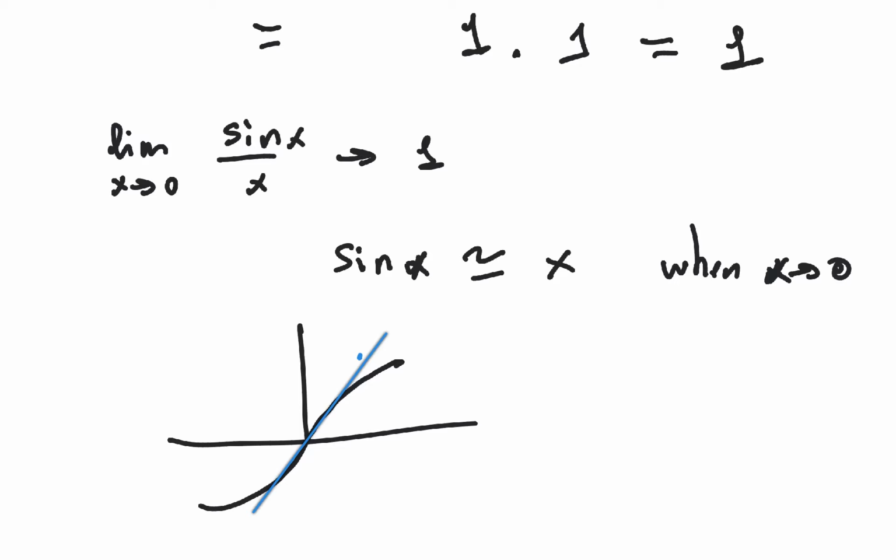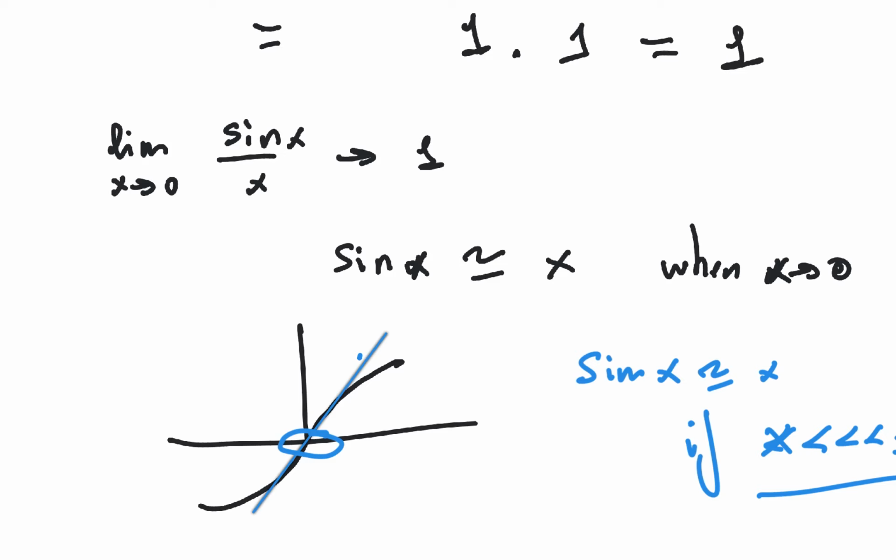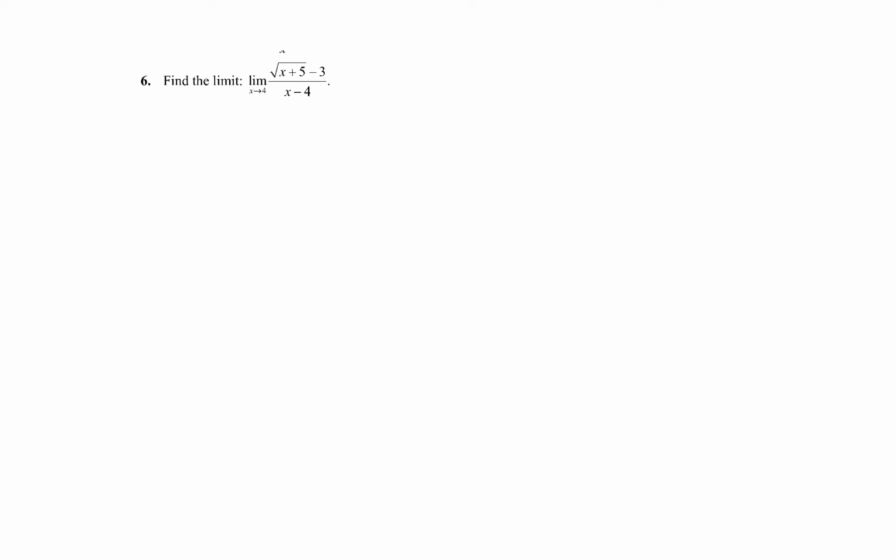The graph of y equal x will look around the 0, around here, sine of x very similar to x if x is very, very small, less than 1 radian, meaning 0.001, okay? So this is the limit. Now let's go to do another limit.